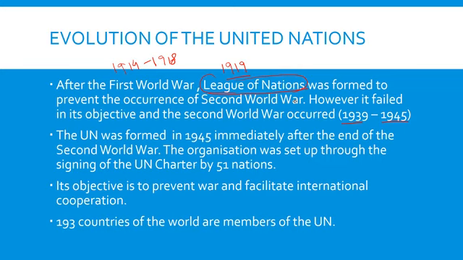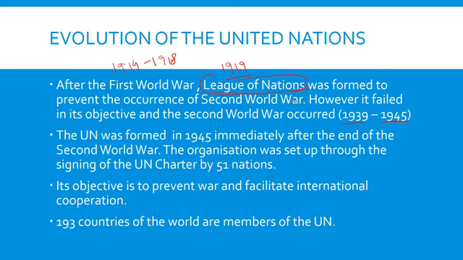Now after the Second World War, the nations of the world were so devastated, they faced so much destruction and loss of human lives and property, that they decided that there should be no future world wars. So again they created one organization, the United Nations Organization.